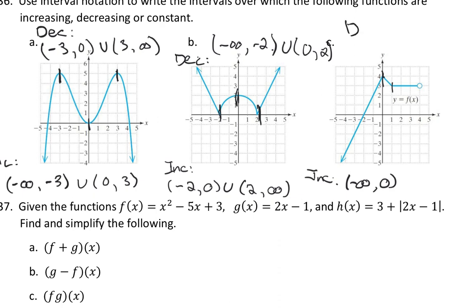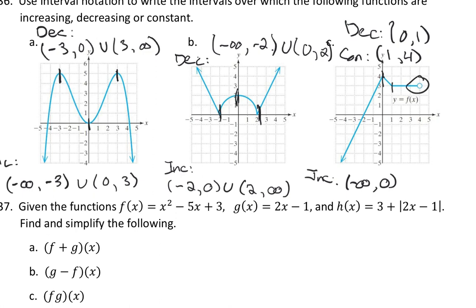Seems to be decreasing from 0 to 1, and it is constant from 1 to 4. It's only 1 to 4 because, as you can see, the graph stops right here at that hole.